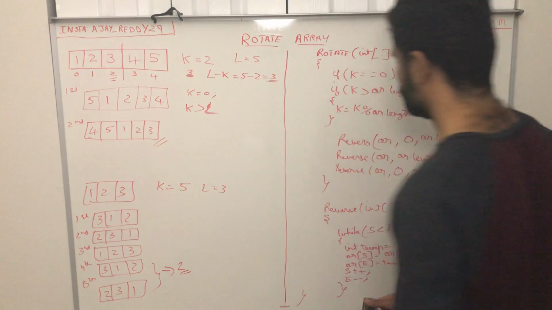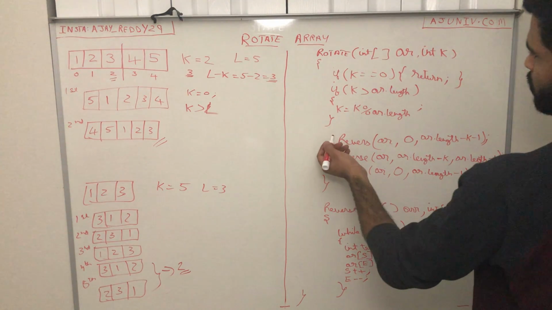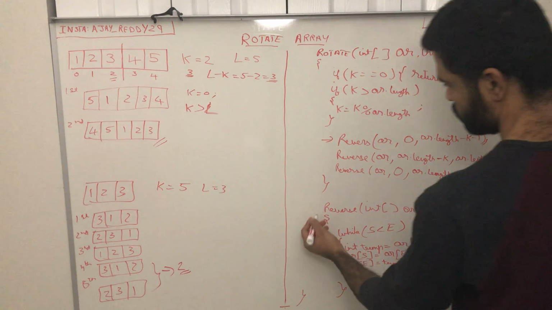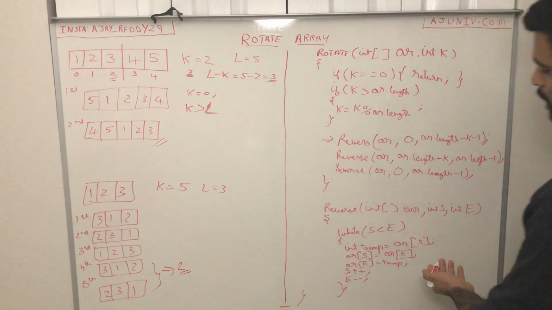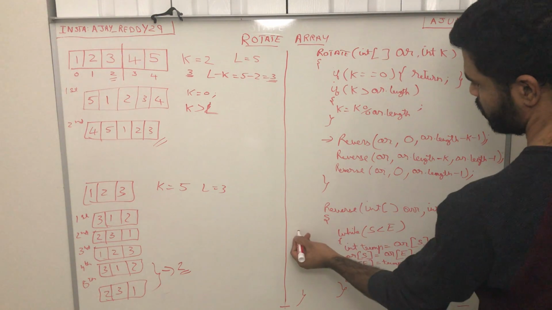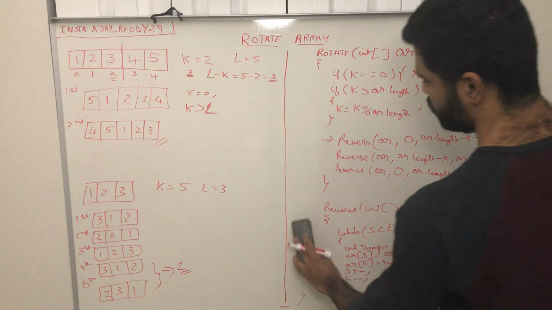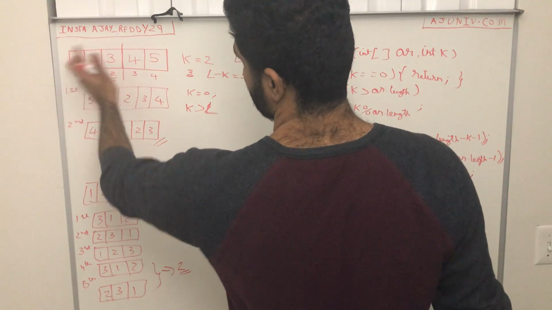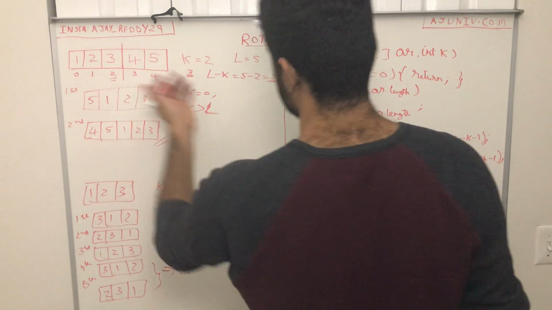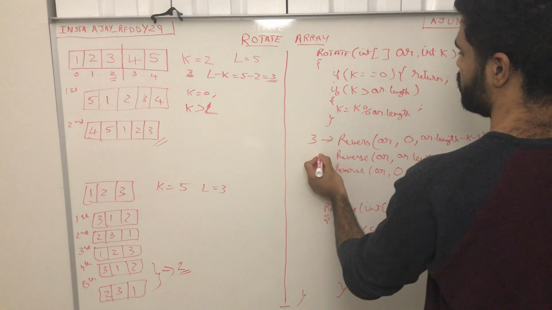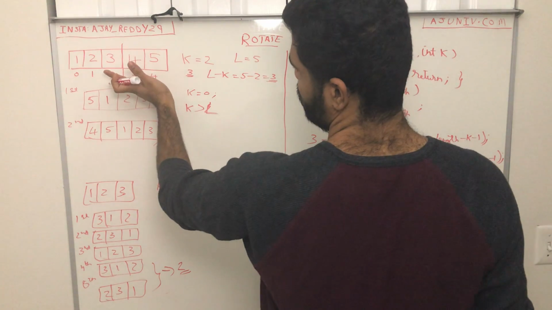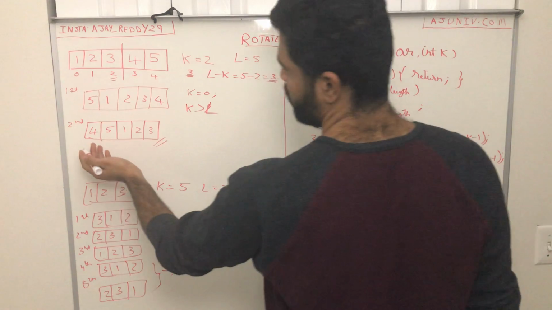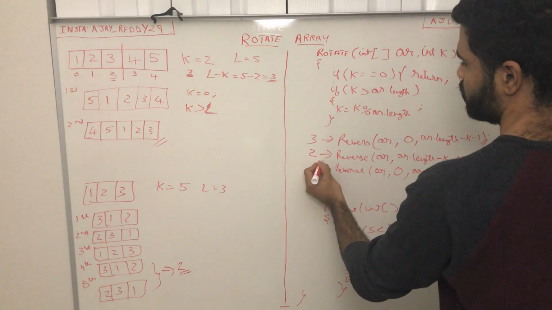solution. For the time complexity, I'm calling the reverse function here. The reverse function is linear time, so it would be the length of the array. In the first reverse function, I'm passing the array from 0 to 2, that is 3 elements, in the second reverse I'm passing 3 to 4, that is 2 elements, and in the third reverse function I'm passing the complete array, which is 5 elements.